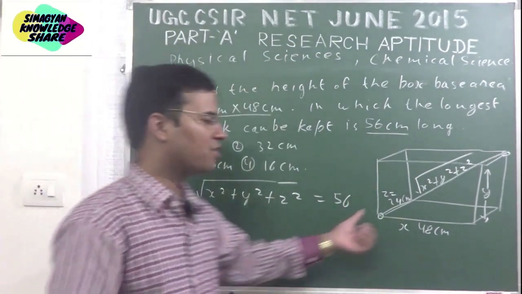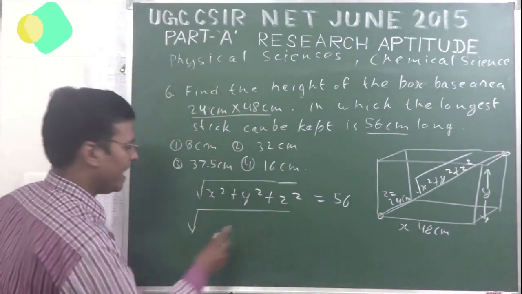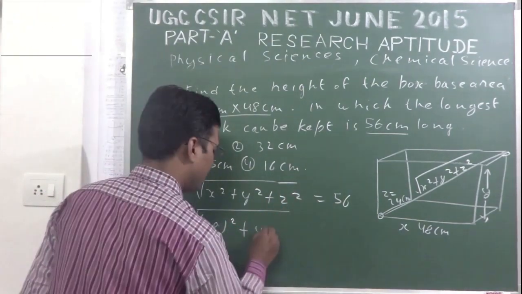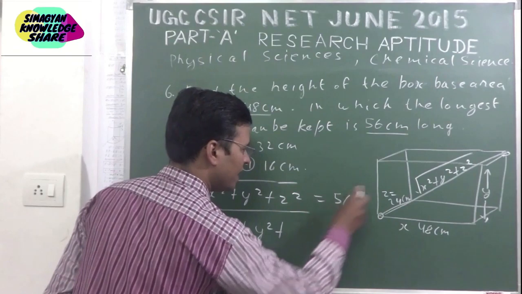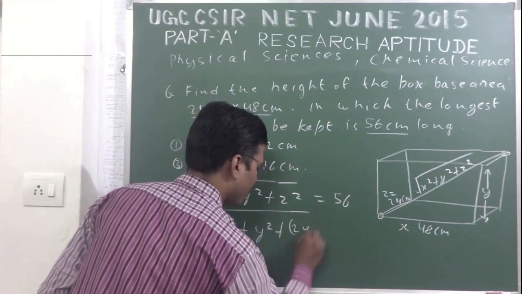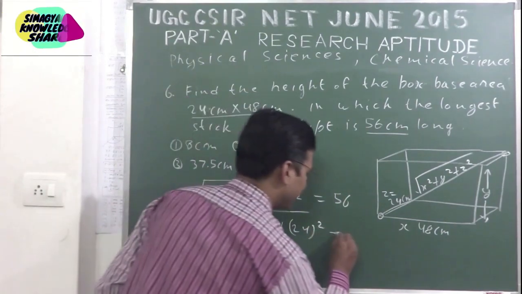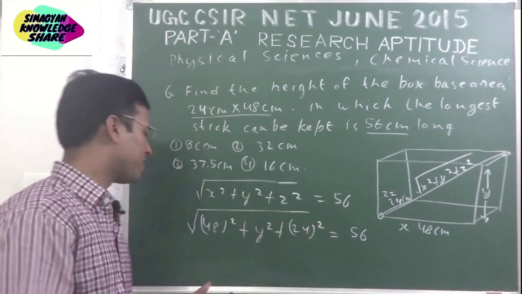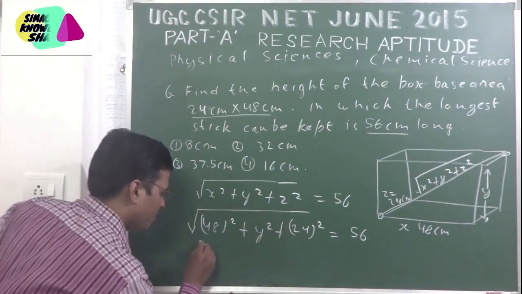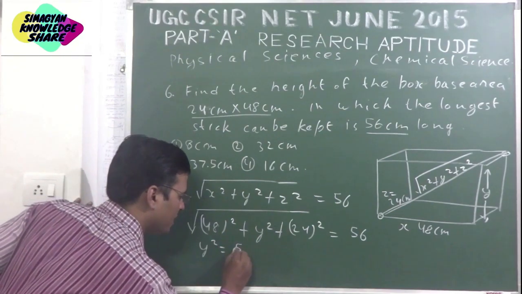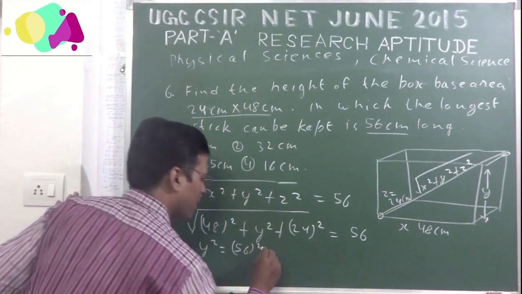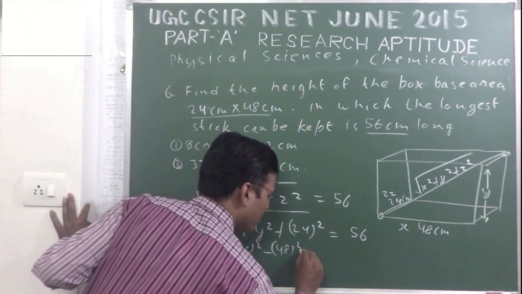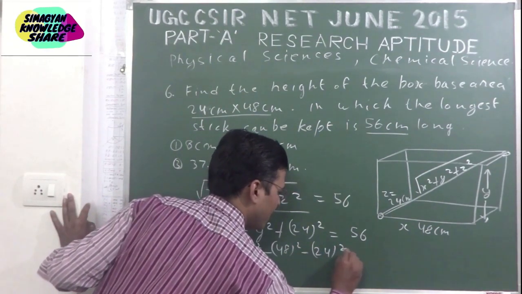Now put the values of x and z. The x value is 48 square, the y value is unknown, the z value is given as 24 square. This is 56. Let's square the complete equation. You would get y square is equal to 56 square minus 48 square minus 24 square.